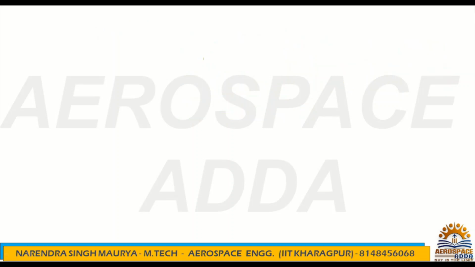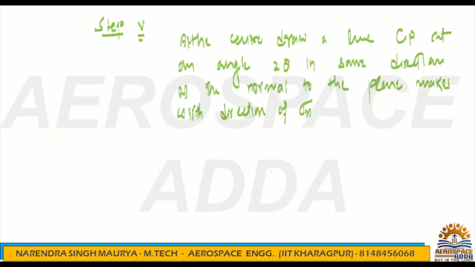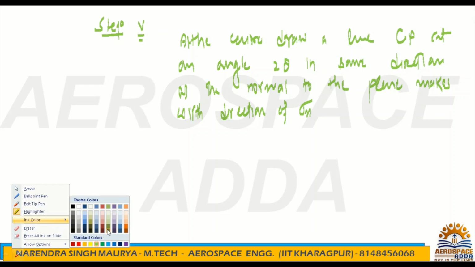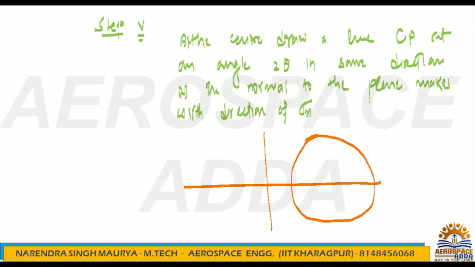So you will get this line on the circle, whatever we have shown you. Okay, now coming to the evaluation, what is the OC? Now finally I will draw the circle.